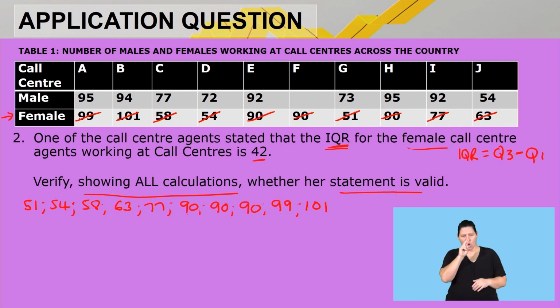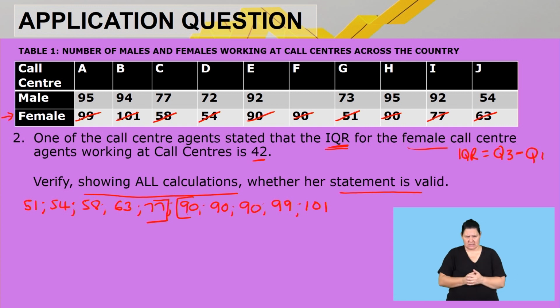No, because when I look at my formula, quartile 2 is not mentioned there. So I'm not going to calculate quartile 2. I'll go straight and divide my data set into 2 equal parts. So 1, 2, 3, 4, 5, and then 1, 2, 3, 4, 5 on the other side. Are we clear on that?